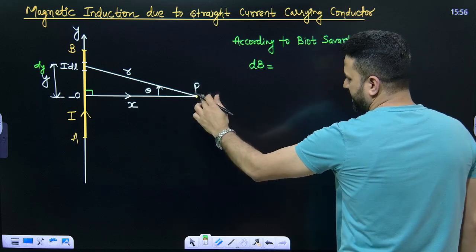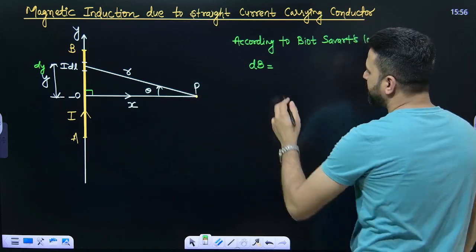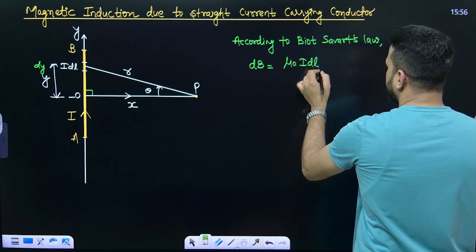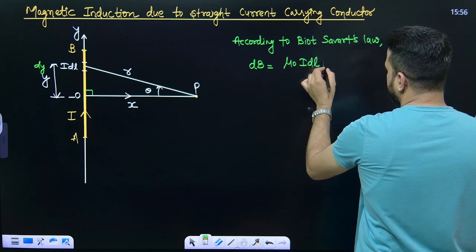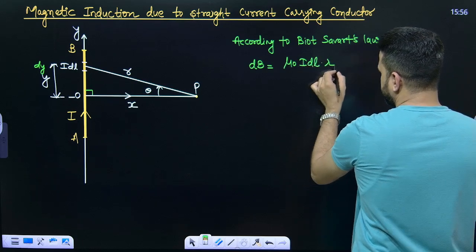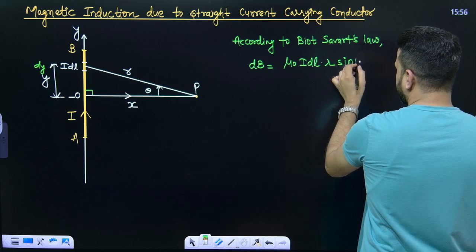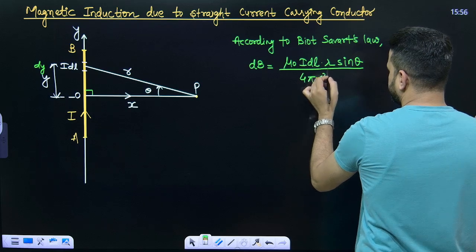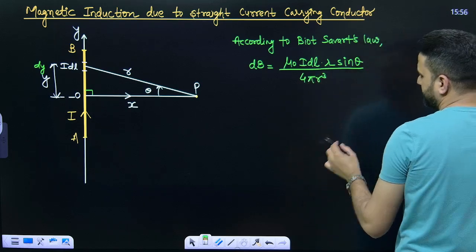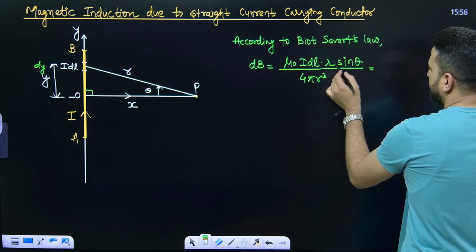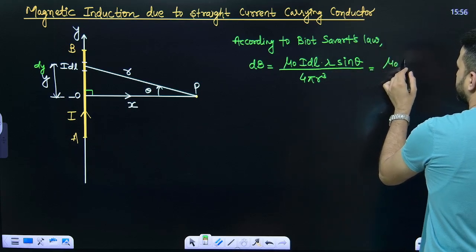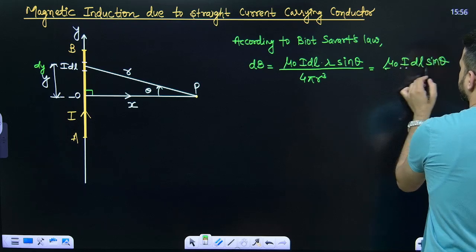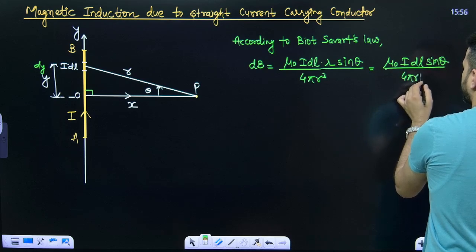Because of this small current element, the small magnetic field generated is dB equal to mu naught I dl cross r upon 4 pi r cube. If I write it in terms of magnitude, it will be mu naught I dl sine theta divided by 4 pi r square.